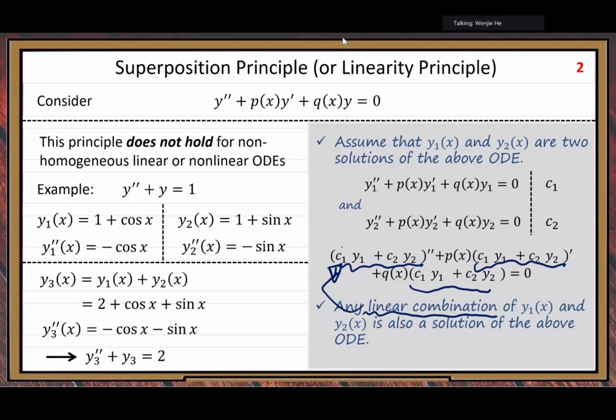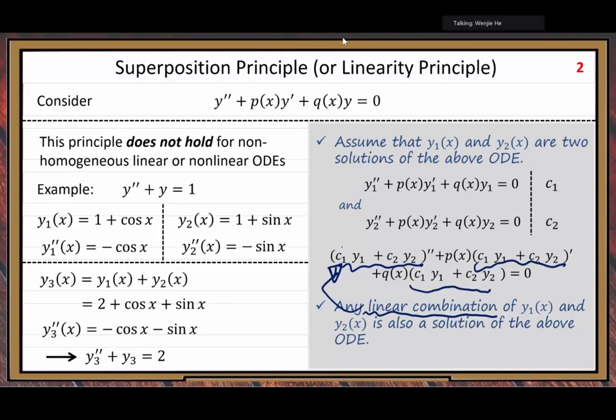Then this side, if we drop this homogeneous condition, we keep the linear condition, but we drop the homogeneous condition. If we do that, in this example, the right-hand side is 1, then we want to show the sum of y1, y2.